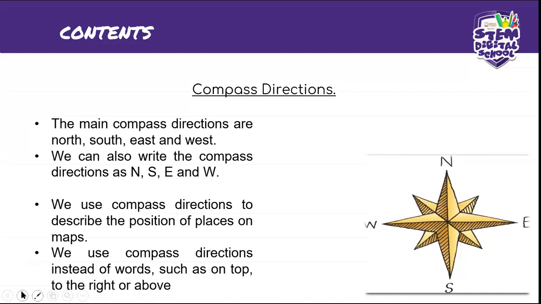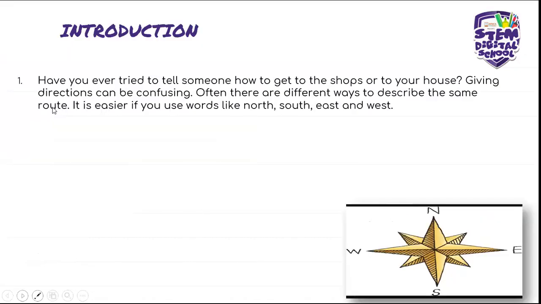Moving on. Have you ever tried to tell someone how to get to the shop or your house? Giving directions can be very confusing. Often there are different ways to describe the same route. It is easier if you use words like north, south, and west if you are giving somebody directions.